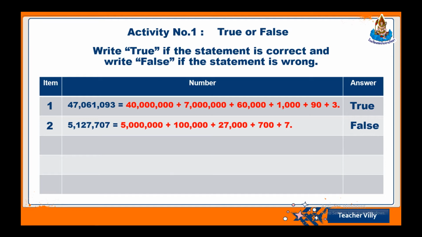Very good. Number 3, we have the number 2,960,049,100 is written in expanded form as 2 million plus 90 plus 60 plus 40 plus 9 plus 1.